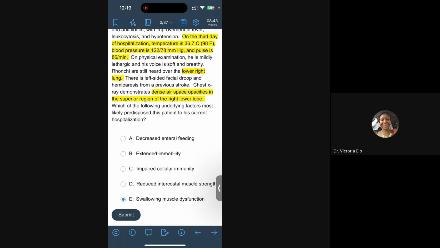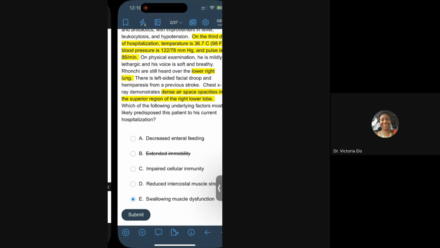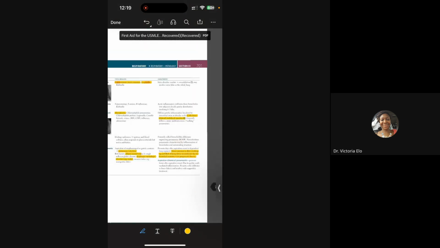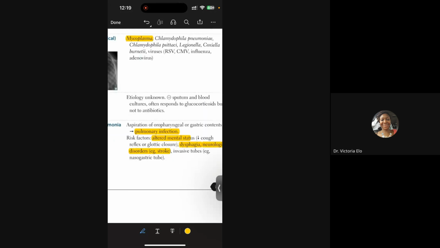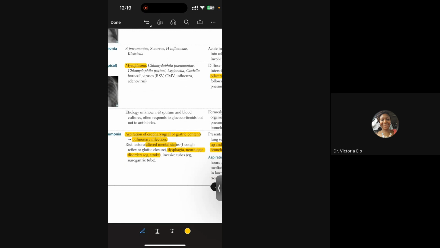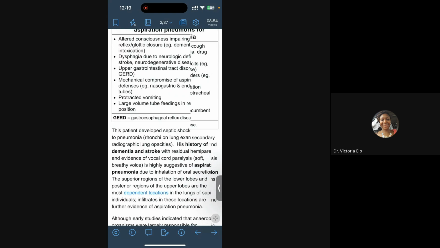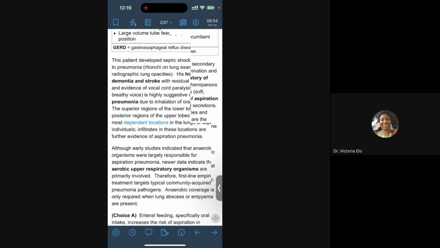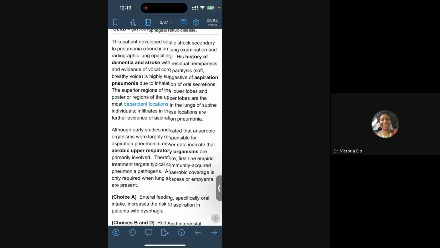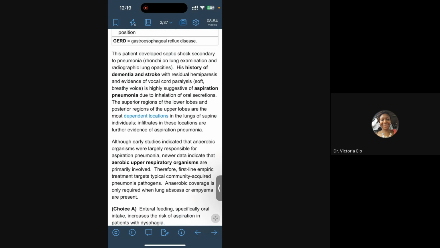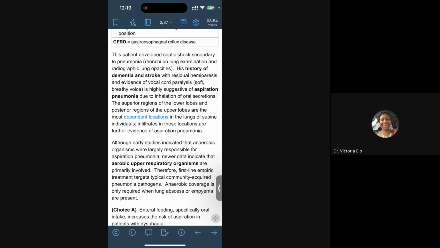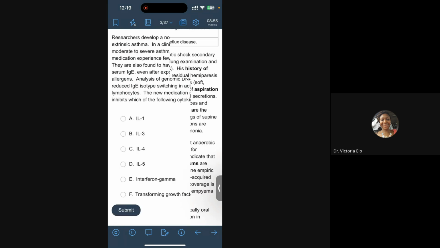The patient has facial droop and can no longer control his facial muscles, which leads towards aspiration of oropharyngeal or gastric contents. Dysphagia. Stroke, aspiration.